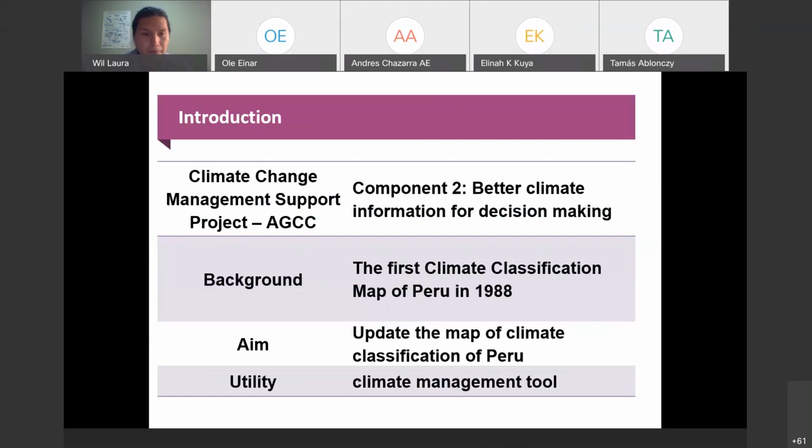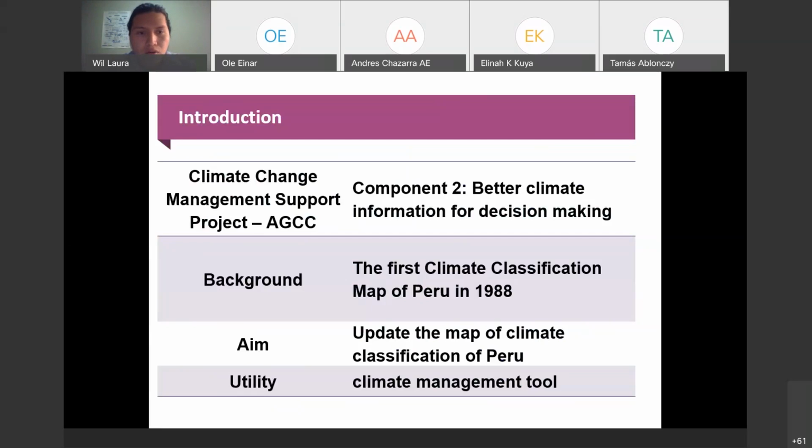So the aim of this activity was to update this climate classification map, and the reason to update it is because it's a climate management tool for the field of economic, social, and environmental activities in our country. So this presentation will have 3 parts.